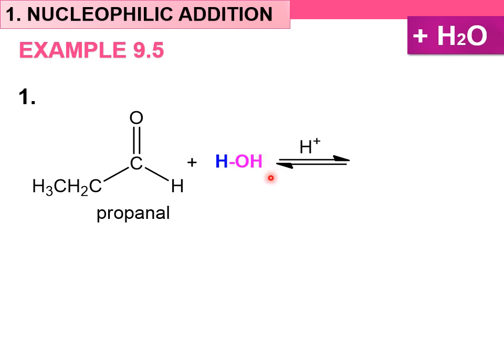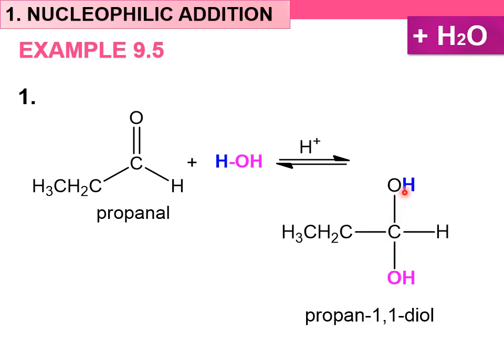OH minus will also attack the carbonyl carbon from below, and it will produce a geminal diol. A geminal diol is basically a carbon where there are 2 OH groups attached to it. So here we are getting a propan-1,1-diol.